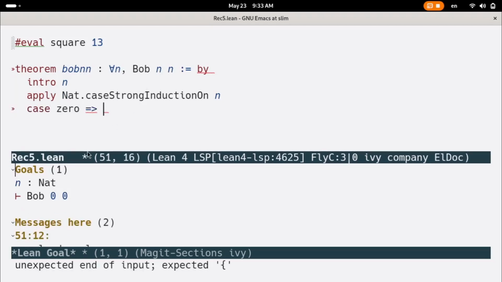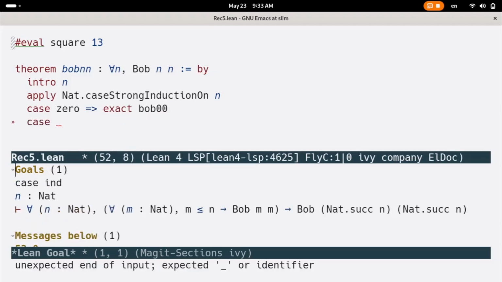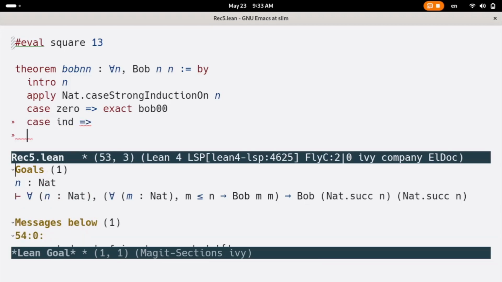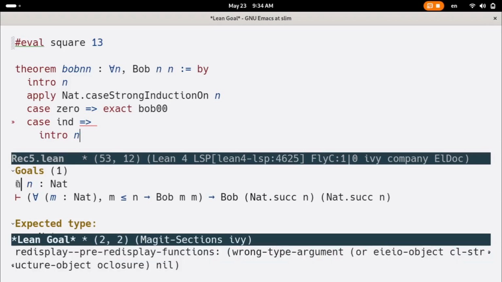Then we apply strong induction on n to split into two cases. In the case 0 we have to prove Bob 00, which we already have written. In the inductive case, observe that we have to prove a for all quantified statement. So we introduce this n into the hypothesis.